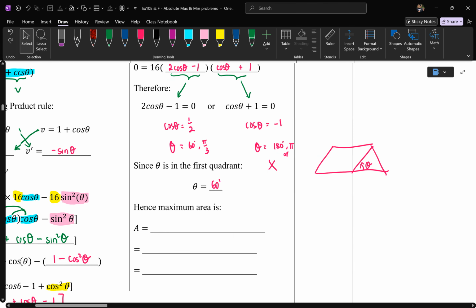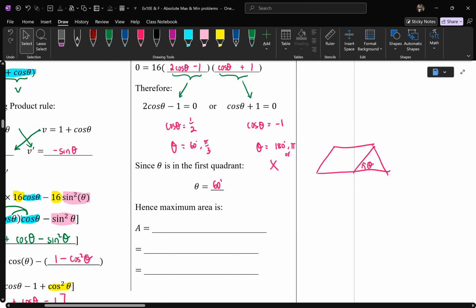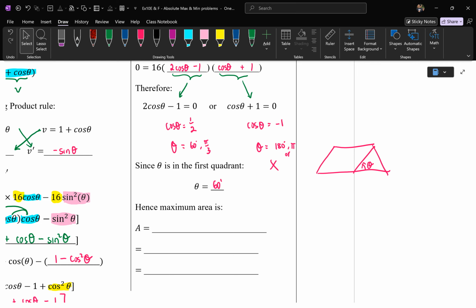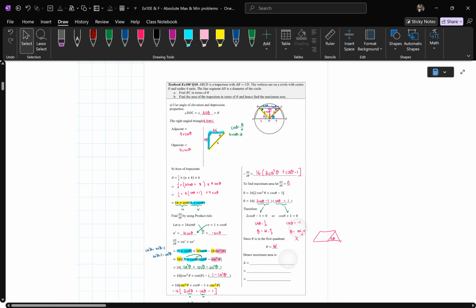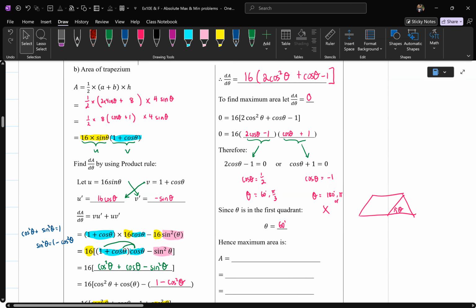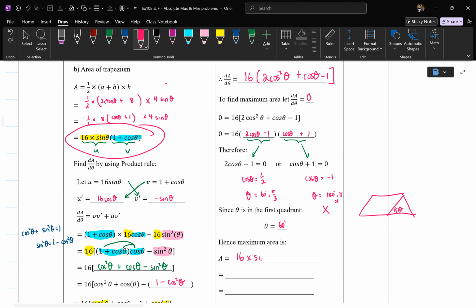And hence now that we know when the maximum occurs, the maximum area would occur when the angle is 60 degrees. So going back to your original function, what was it again? Where's the original function? The area was on this side. Here we go. That's your area. So 16 times sine of 60 degrees times 1 plus cos of 60 degrees. And that's root 3 on 2 over here times 1 plus half.